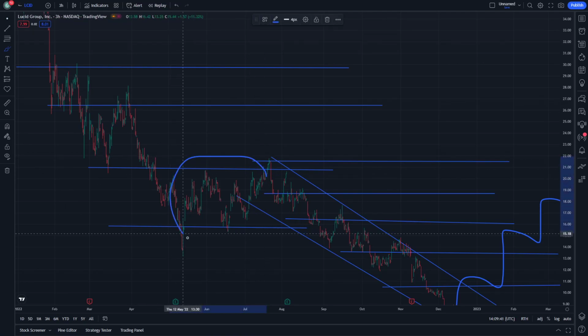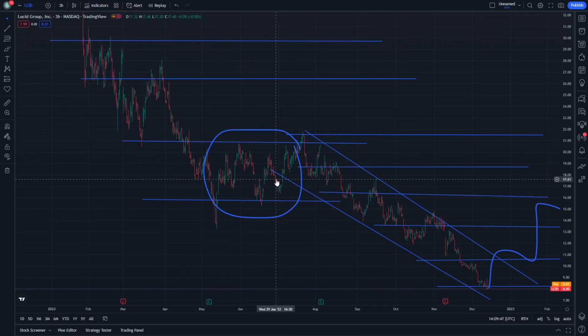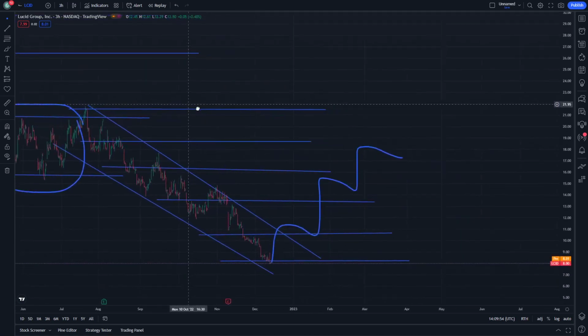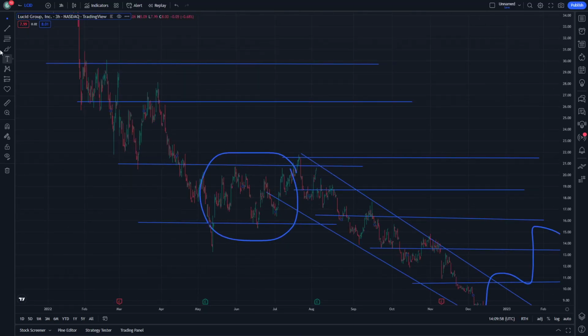And it seems that this part can be removed from LUCID stock here, and it does not have any benefit on this chart, because it's just a thing that is not going to have any benefit.